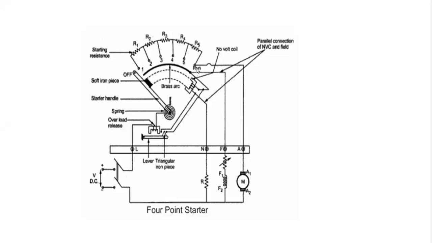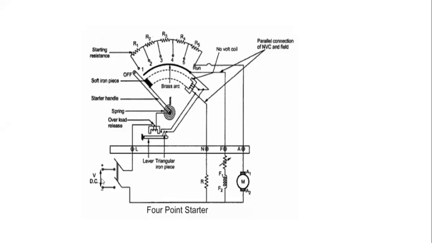As the handle moves, the resistances R1 to R5 are cut out one by one, so the current flowing through the winding increases. Then the motor attains the rated speed when the handle is in the on position.